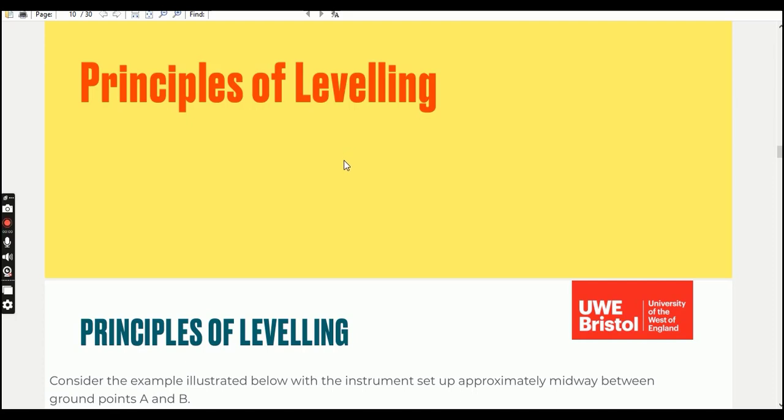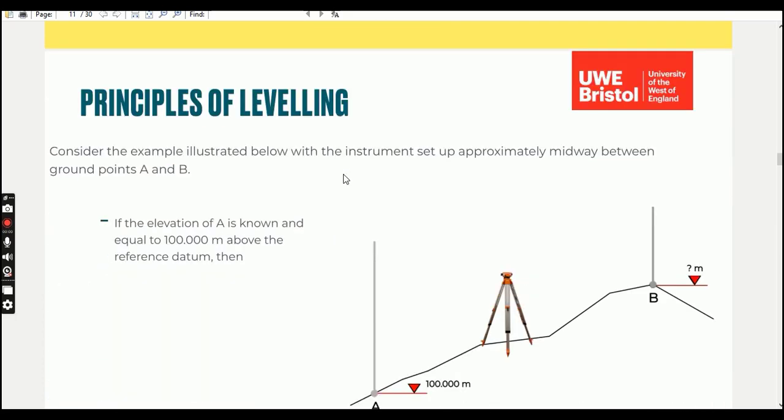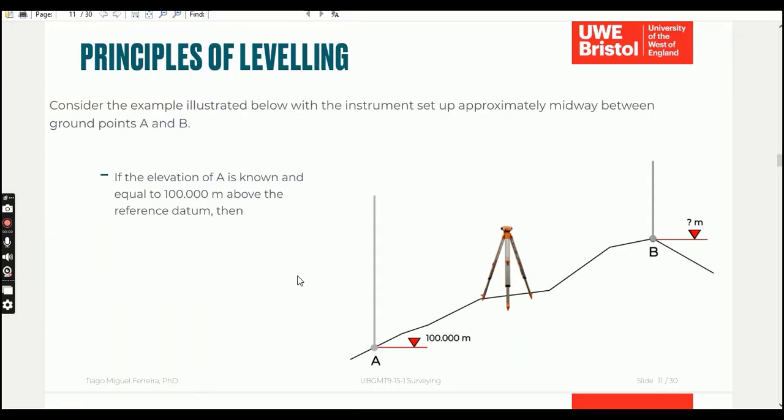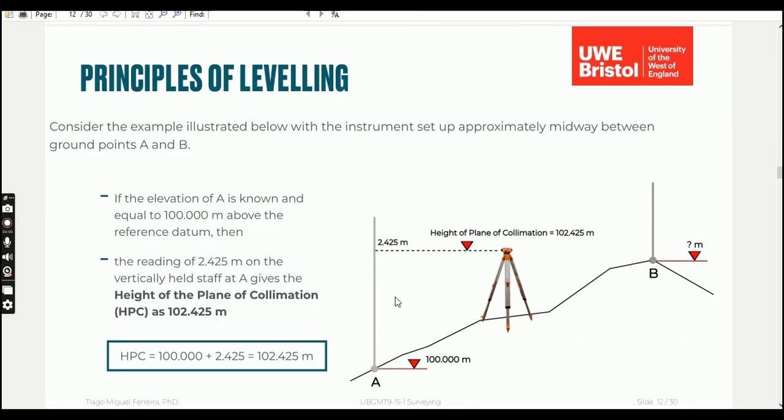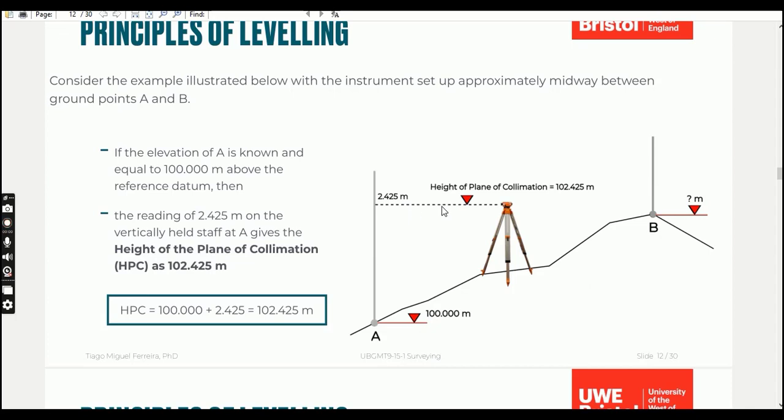What are the principles of leveling? Consider this example illustrated below, with the instrument set up approximately midway between ground points A and B. Ground point A has an elevation of 100 meters, which will be our backsight point, and then we take a reading of 2.425 meters.